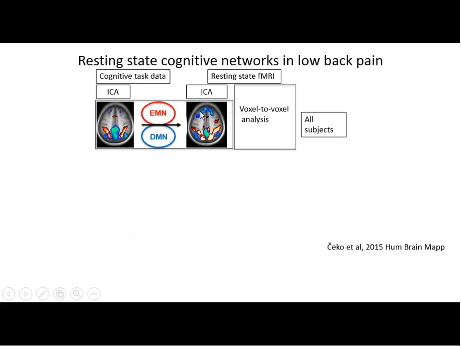But we can also, using different multivariate techniques, identify the same networks while the subject is lying in the scanner and not doing anything in particular. And so I mentioned that those two networks, extrinsic mode and default mode, act such that when one is activated, the other is deactivated. And so that's essentially what we're showing here, extrinsic mode network being activated and default mode network deactivated.